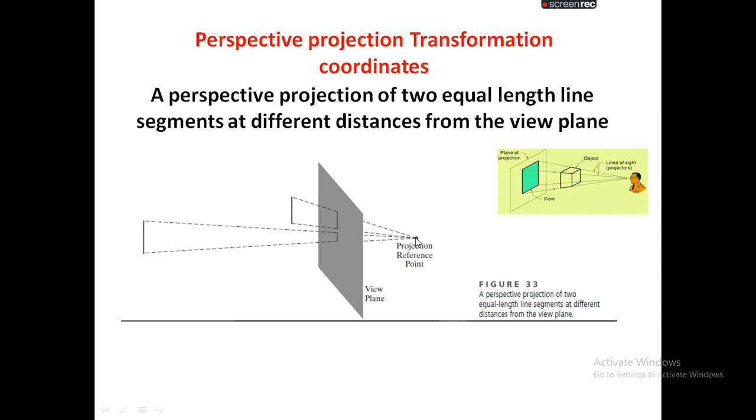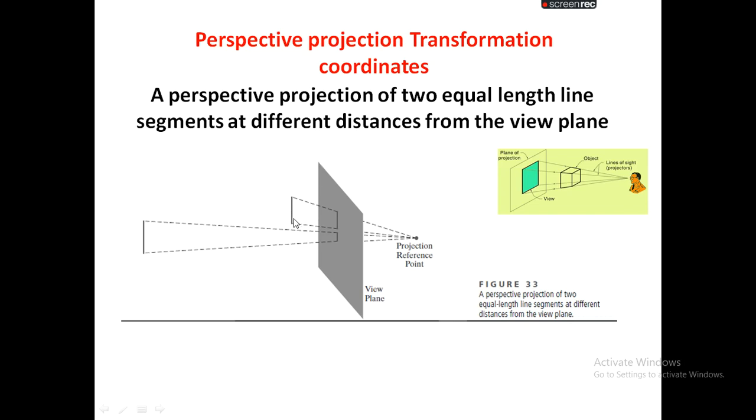We are viewing two line segments of equal size at different distances from the camera position, or in other words, there is a difference in distance between the projection plane and each line segment. Assume this is the first line segment and this is the second line segment.